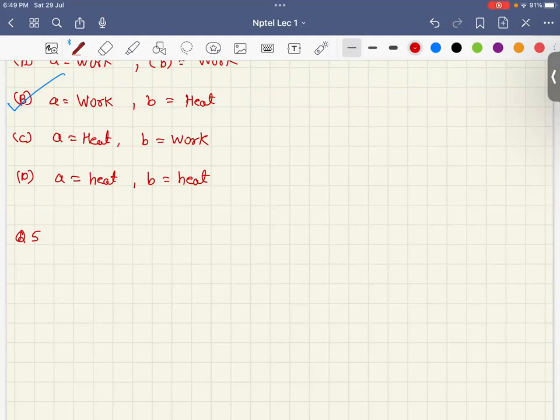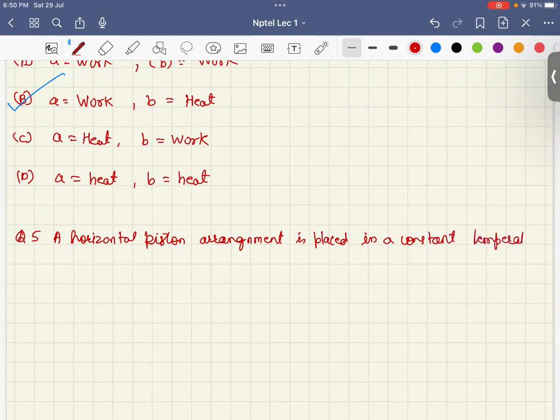A horizontal piston arrangement is placed in a constant temperature bath, right?